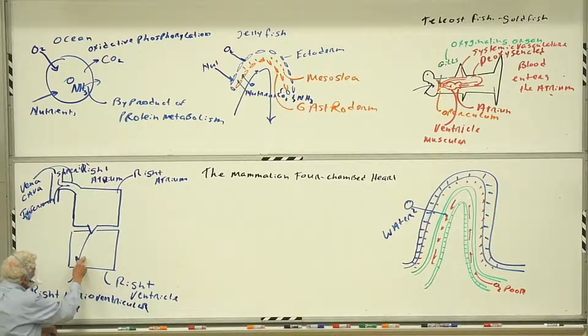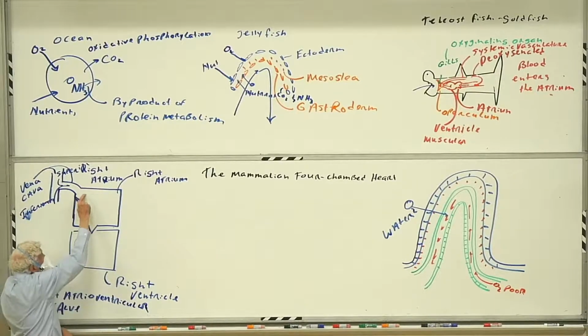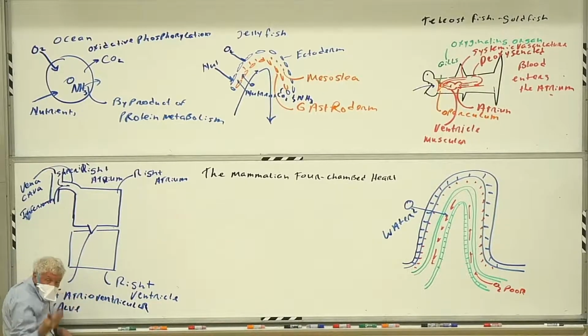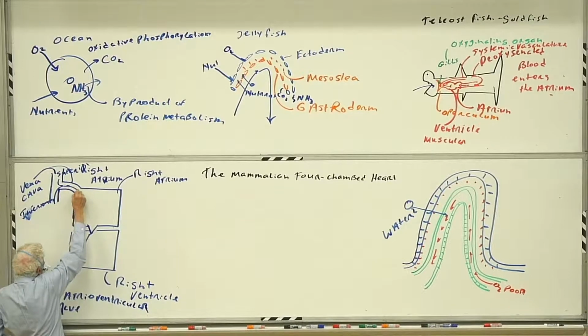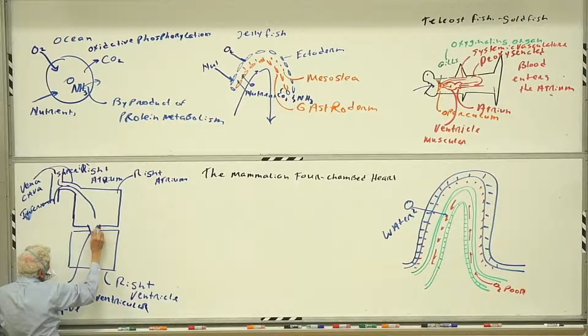So this right atrioventricular valve is the doorway between the atrium and the ventricle. We're going to see when we walk our way through this that this deoxygenated blood coming in through the vena cava is coming through the atrium, flowing through the open door and into the ventricle.